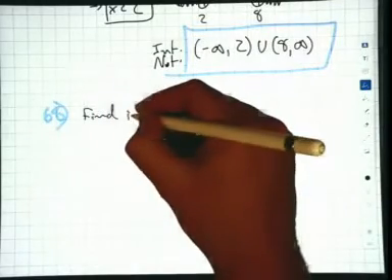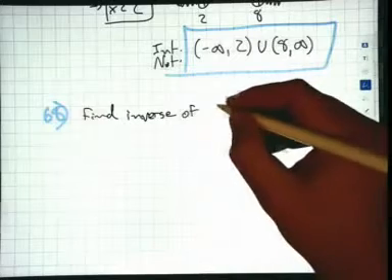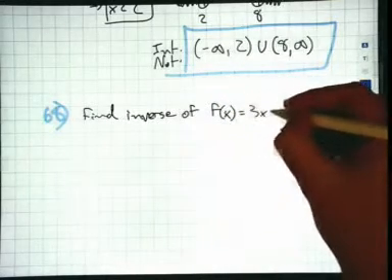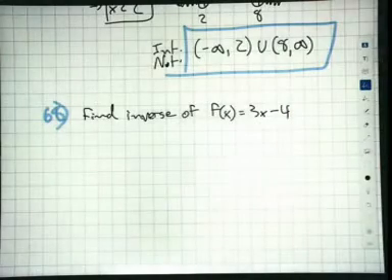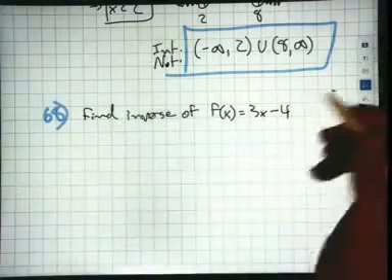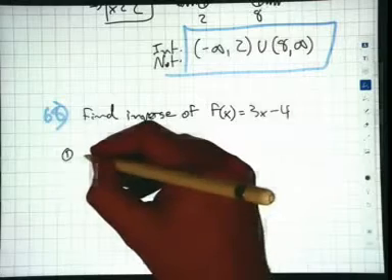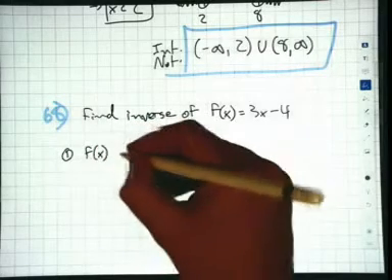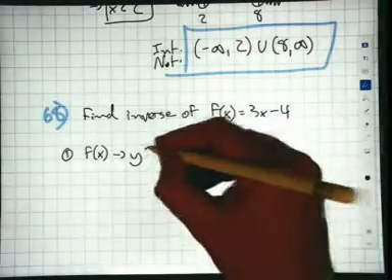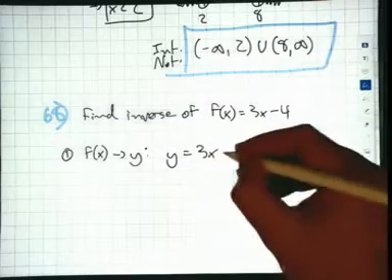Find the inverse of f of x is equal to 3x minus 4. Okay. So, the first thing that we want to do, I'll write this out with steps. Step number 1, we want to take that f of x and make it a y. So that becomes y is now equal to 3x minus 4.